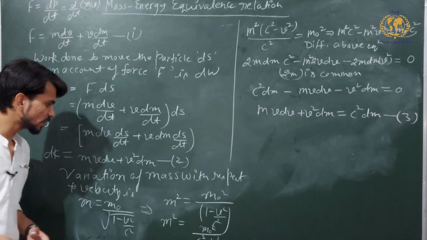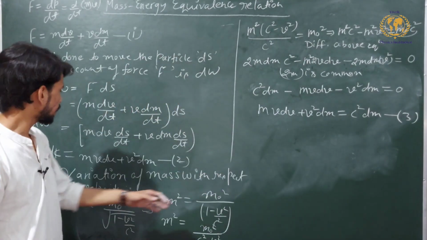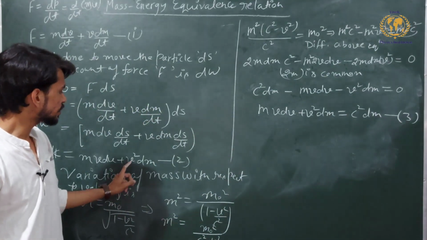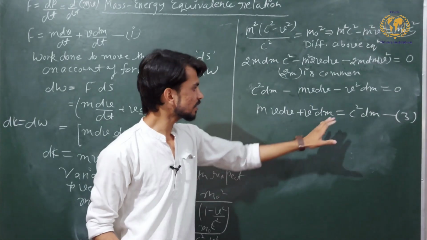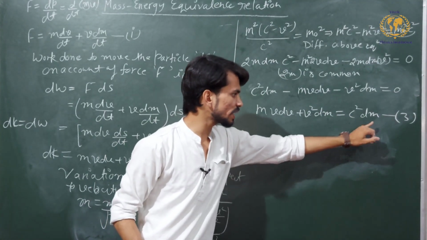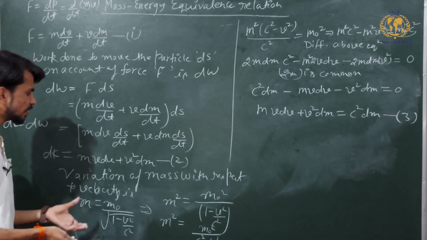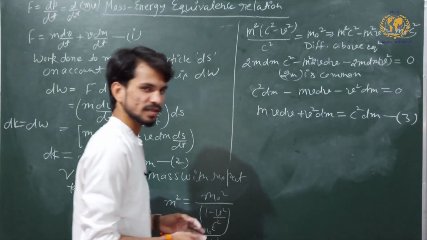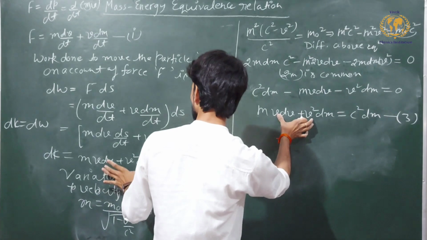Now interestingly, you can see equation number 2 and equation number 3 are the same. Let's check: mv dv plus v square dm. The difference is the RHS of this equation is c square dm and the LHS of the other equation is dK, which are different, but the other part of these two equations is the same, so I can equate both equations.